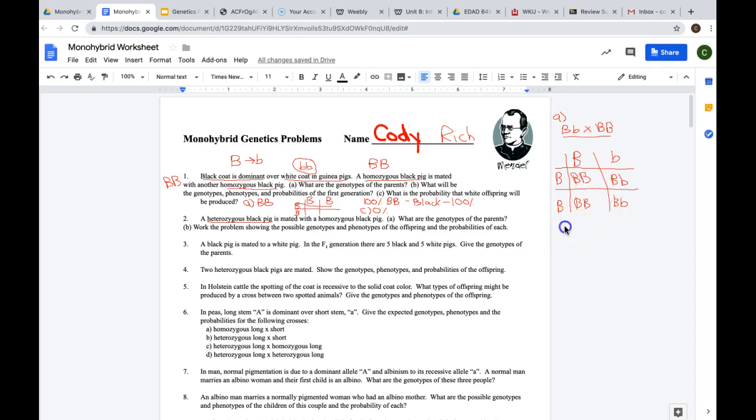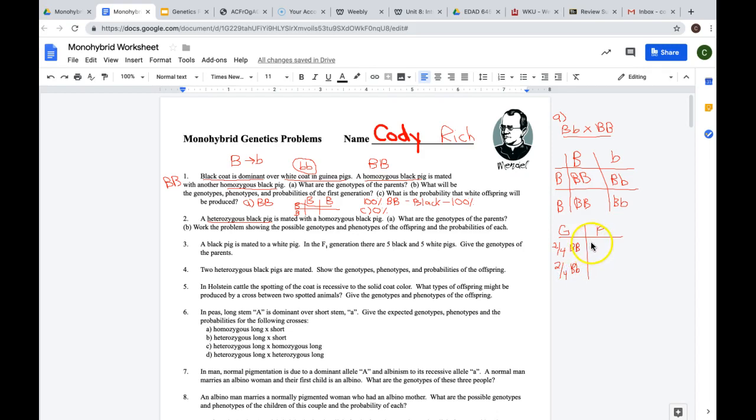Okay, so our genotype, phenotype, we have 2/4 homozygous dominant and 2/4 heterozygous.